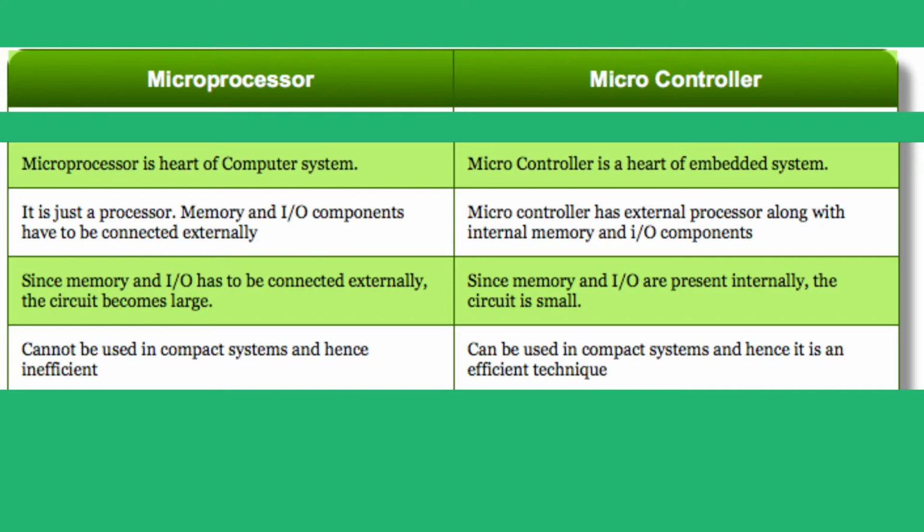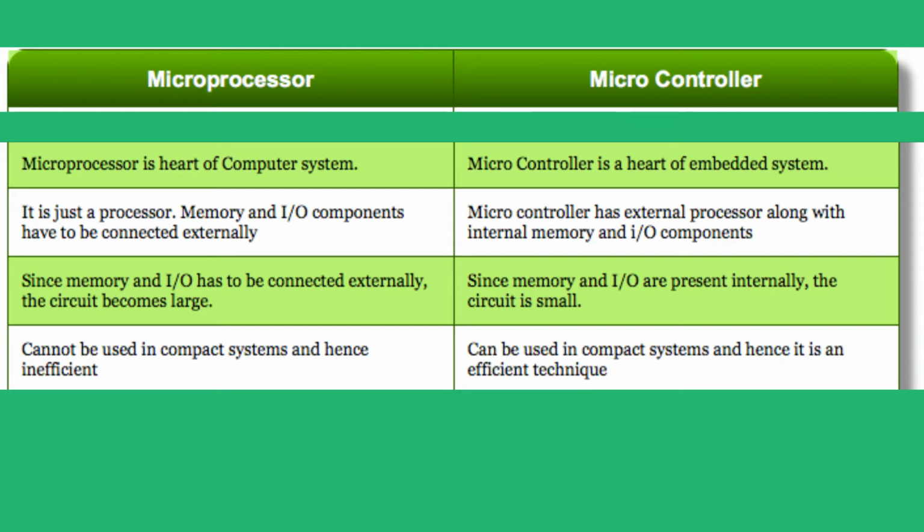A microprocessor is just a processor, with memory and input output components which have to be connected externally. Whereas a microcontroller has a processor along with internal memory and input output components which are already there in it.